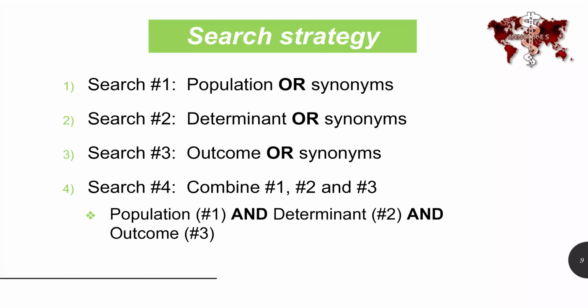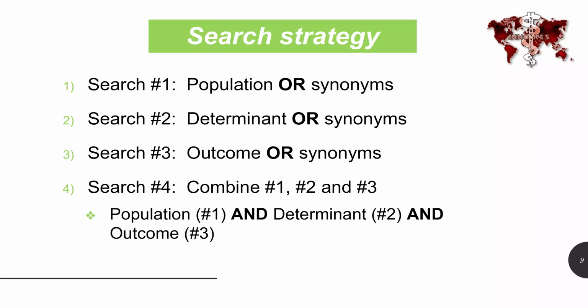We know that your research question has three components, so we will be forming four components. The first component is the population or its synonyms.